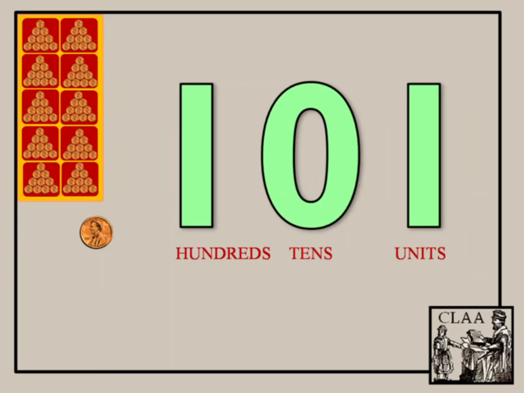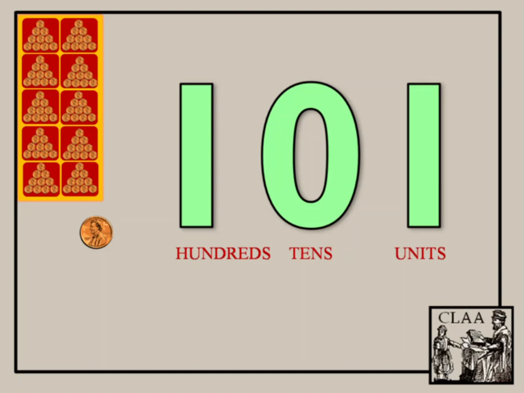How many pennies are on this screen? You can see that there are 10 sets of 10. And we learned that 10 sets of 10 is 100. The gold box shows you that this is one set of 100 pennies.